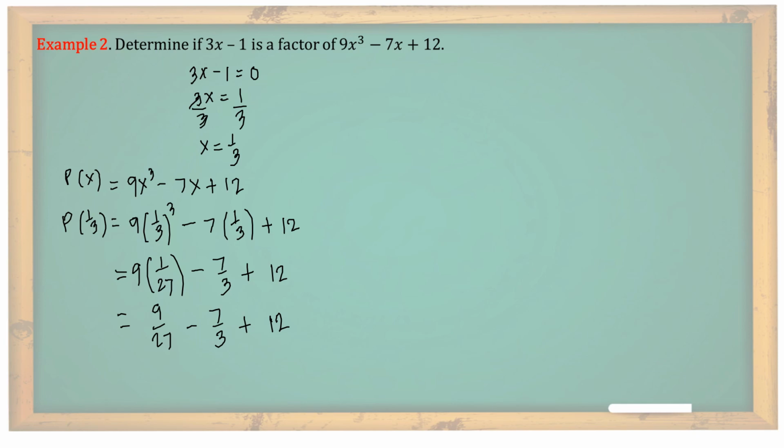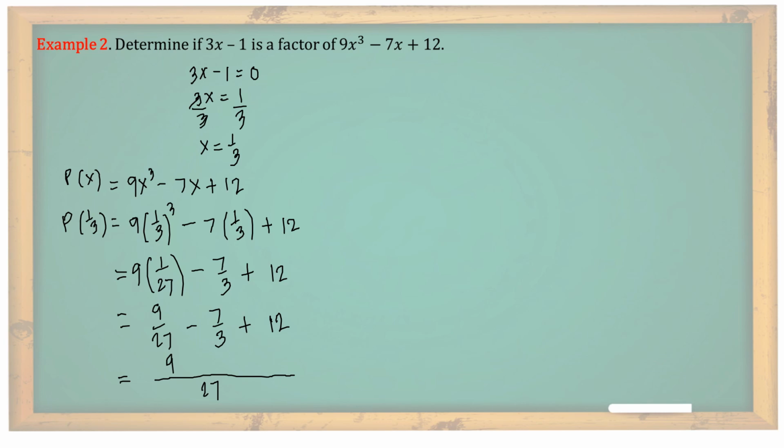So 9 over 27, or pwede naman natin kunin agad yung kanyang LCD by simply yung ating LCD dito ay 27. 27 divided by 27 is 1 times 9, 9. 27 divided by 3 is 9.